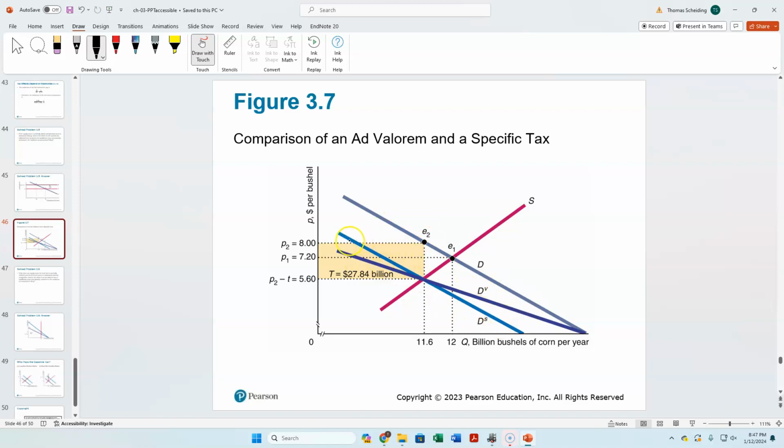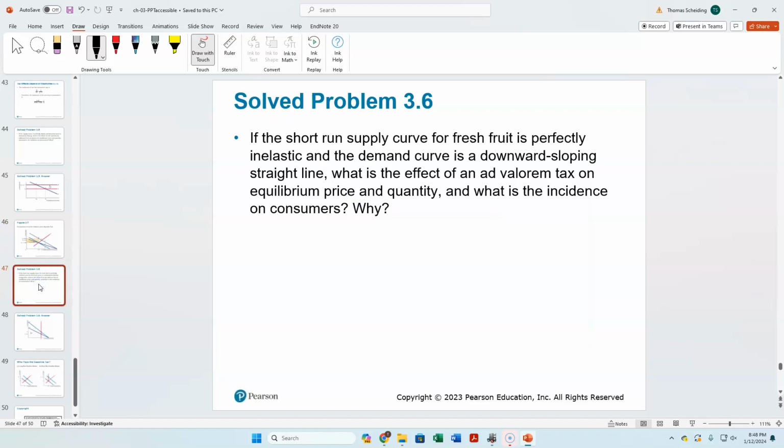Rather than being a parallel shift, as it is with this blue line here, if it's an ad valorem tax, also, again, shouldn't matter too much. Really shouldn't matter at all which one you use, ad valorem or specific. You'd have to pick the percentage in a way that you could still capture the same amount of revenue.